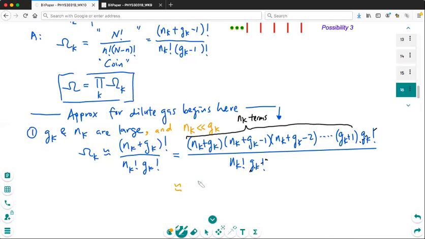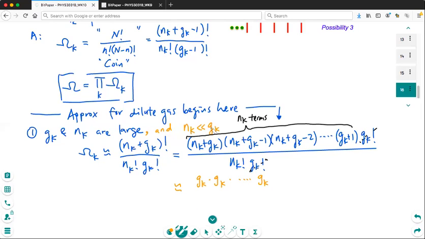So GK is much greater than NK, so I have GK only for the first term, first bracket. And by the same argument, because GK is much greater than NK, it will be much greater than NK minus 1, so I will have GK, and then I keep going. How many of them do I have?